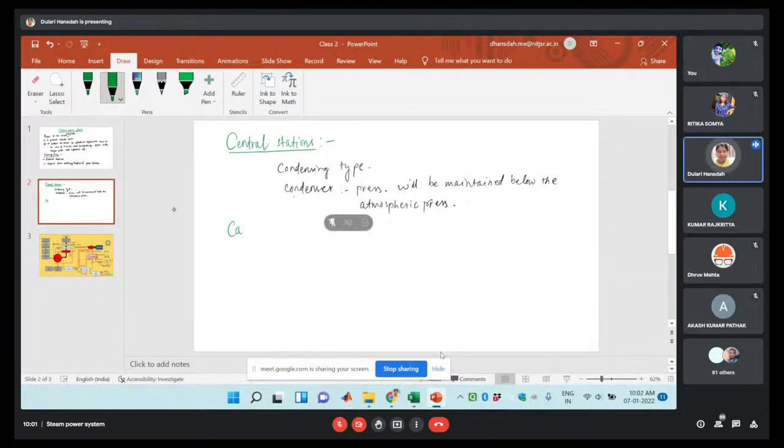But in the non-condensing type, the exhaust steam, meaning the steam from the turbine, will be utilized for certain applications in the plant itself. That will not be condensed. So that is the non-condensing type. Now I'm going to discuss that one. Okay, so next one is the captive.